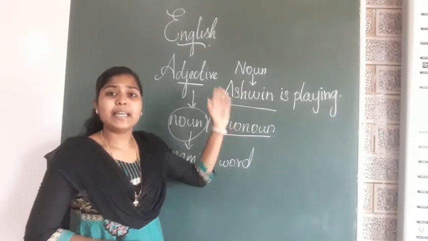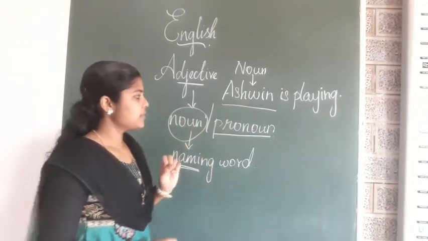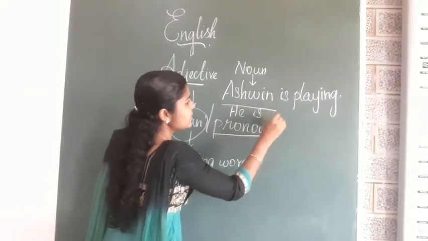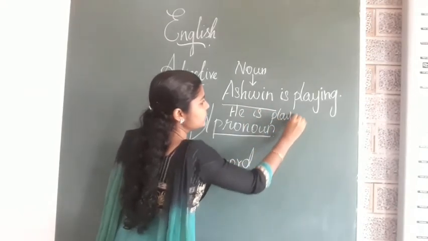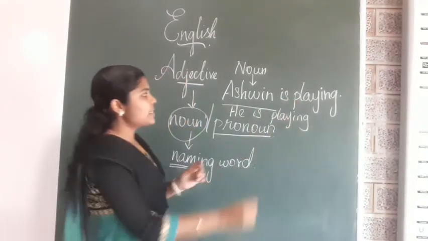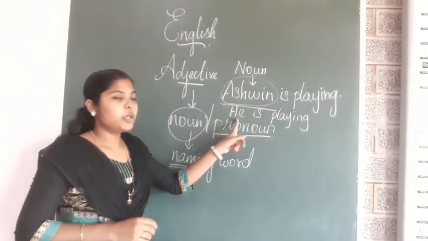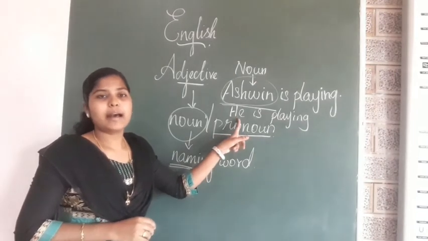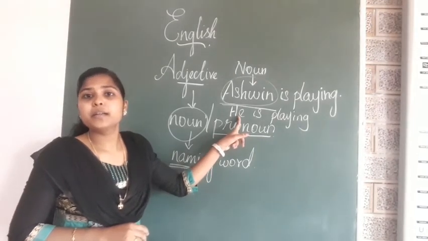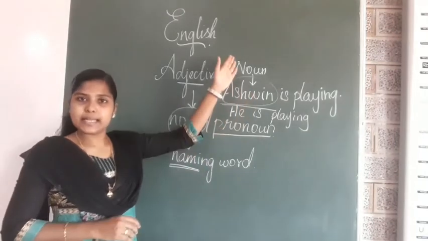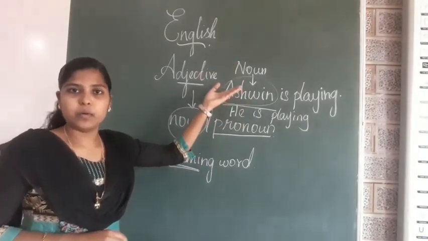going to write another word. That is he. He is playing. So instead of this word Ashwin, I used he in the place of Ashwin. Here Ashwin is a noun, a naming word.